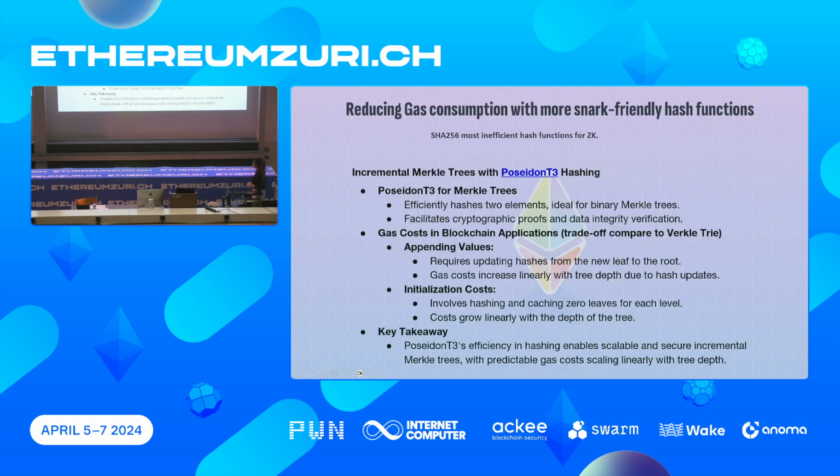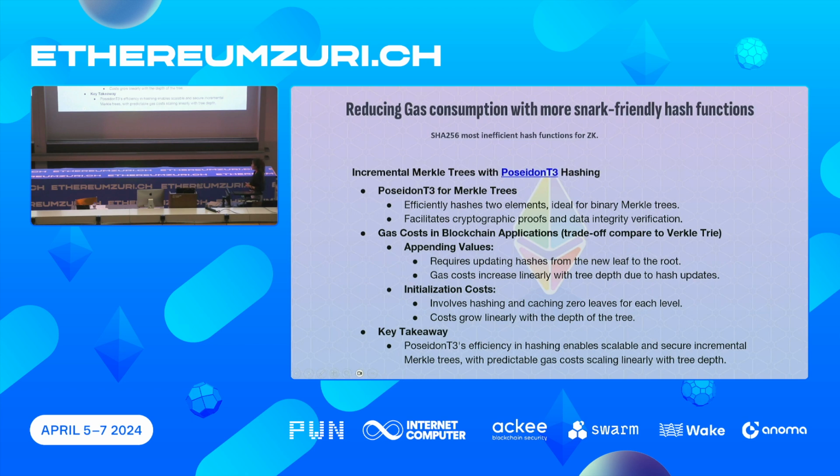So in terms of having even more gas-friendly clients, there are different types of snark proofs, but actually SHA-256 is the most inefficient hash function for ZKs in this example. Comparing to other types of hashing processes, the researchers came up with the idea of using Poseidon T3 hashing.